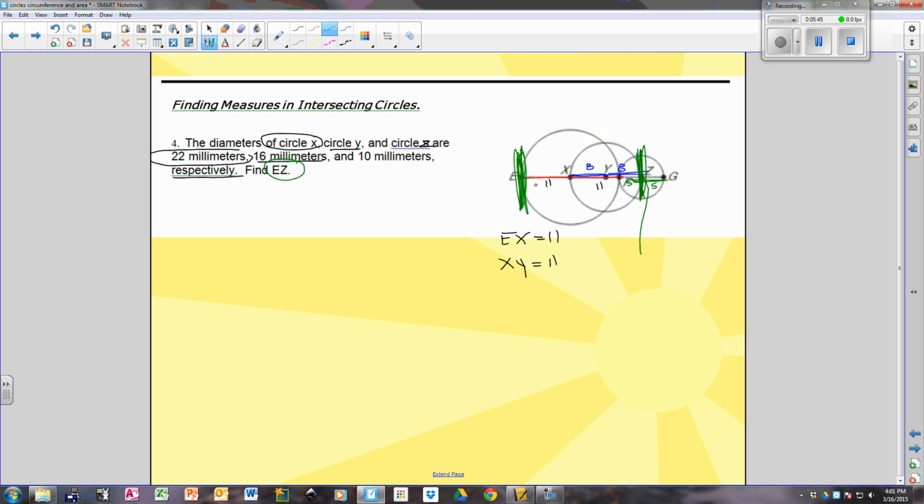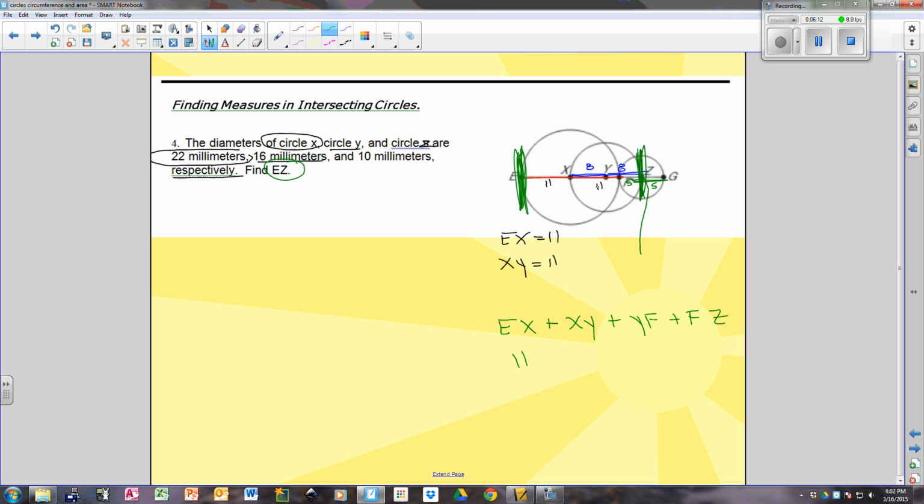Well, I know from E to Z, so you think about it, you've got EX plus XY plus YF and FZ. So you've got those 4 pieces. So I know EX is 11.